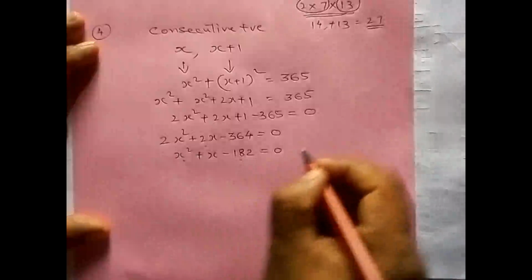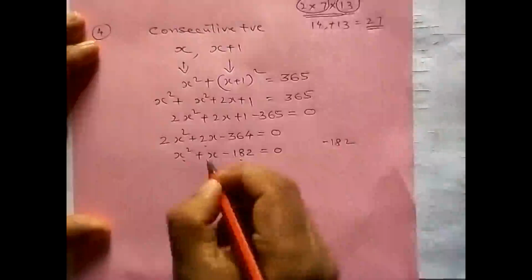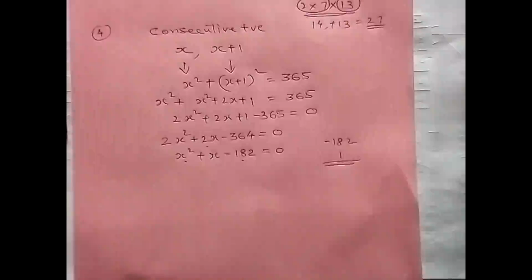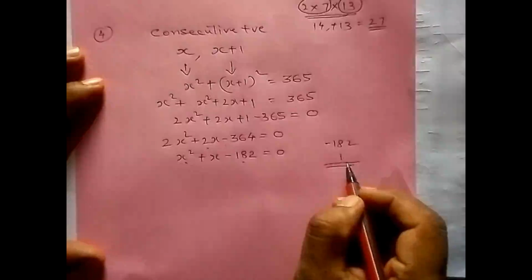So this is the equation we have to solve now to find the value of x. Here the product is minus 182 and the sum is 1. When the product is a negative number, that means one number will be positive and the other number is negative. When one number is positive and the other is negative, we have to take the difference.